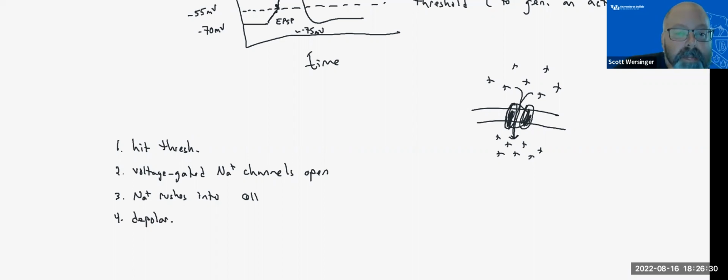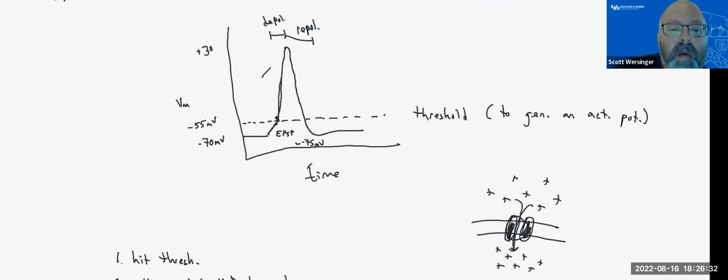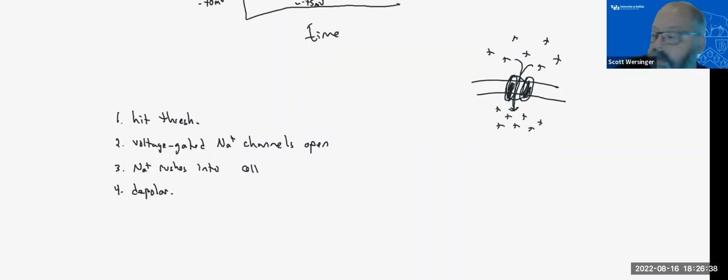Somewhere before the peak, voltage gated potassium channels open.